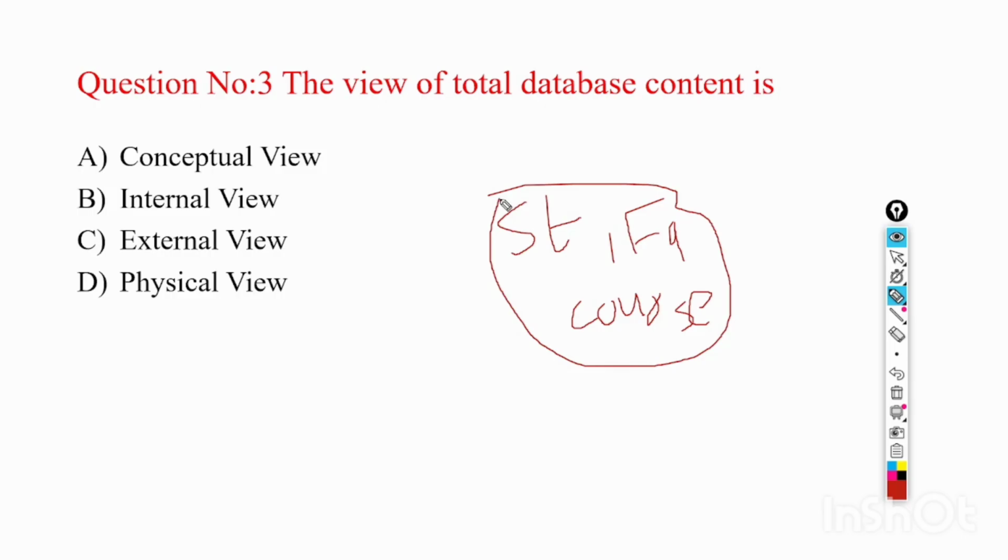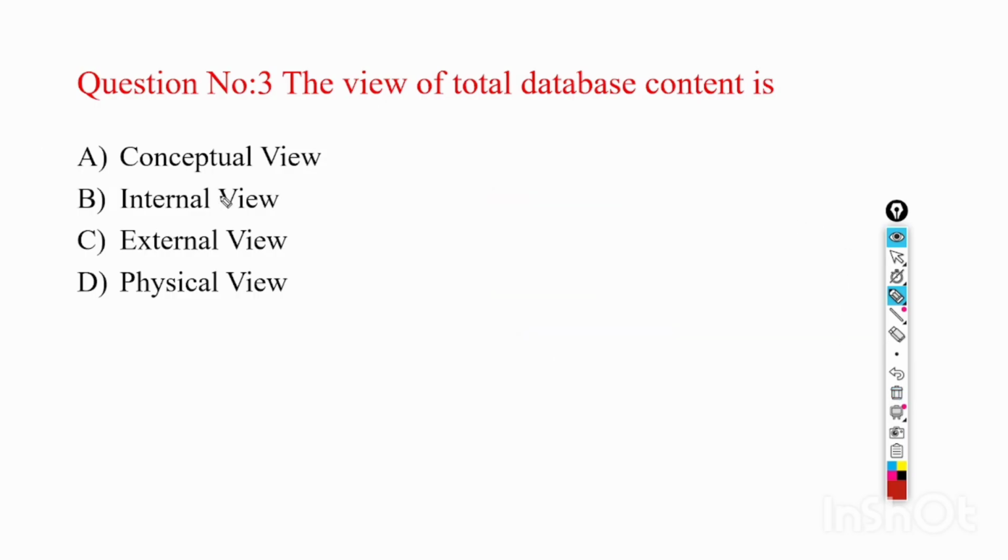It includes the student table data, faculty table data, and course table data, and the relationships among these three tables. Each and every table has some relation. The relationship among these we call a logical data structure, and that we call a conceptual view.